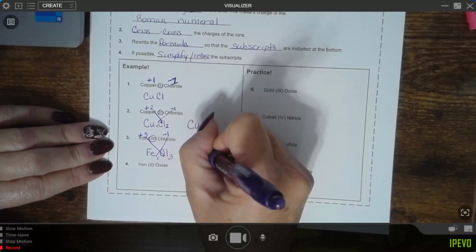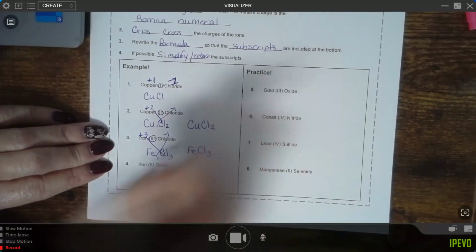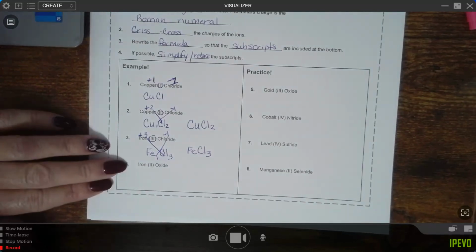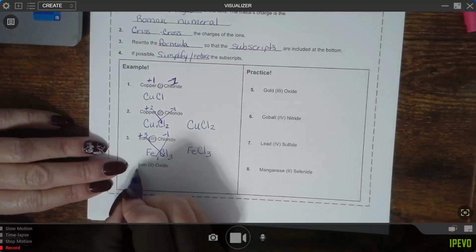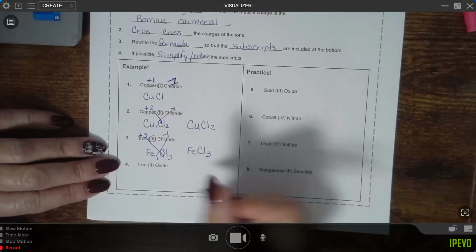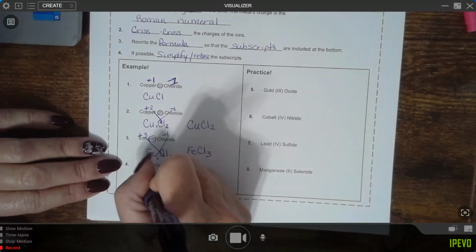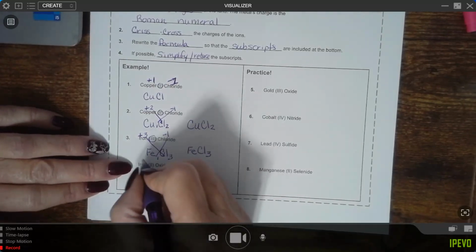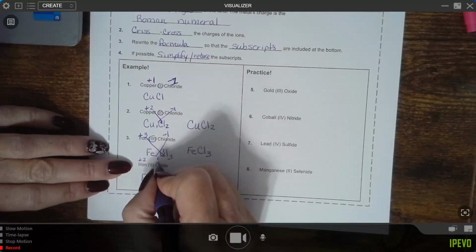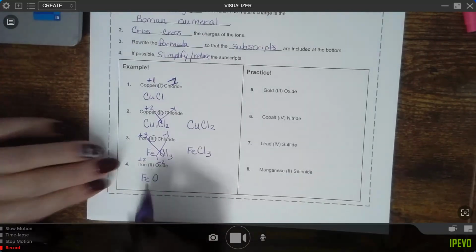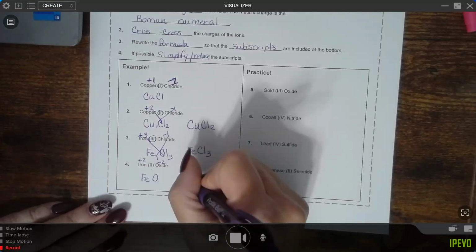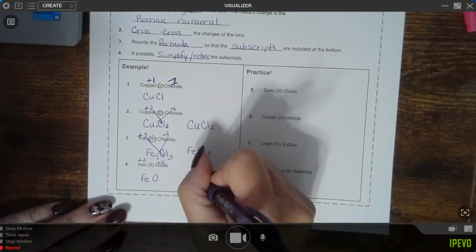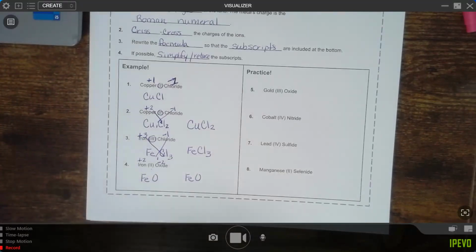Our formula ends up being FeCl3. One more: iron(II) oxide. We've got iron and oxygen. Iron is +2. Oxide is -2. Right away we should know that those two charges cancel out, leaving us with FeO.